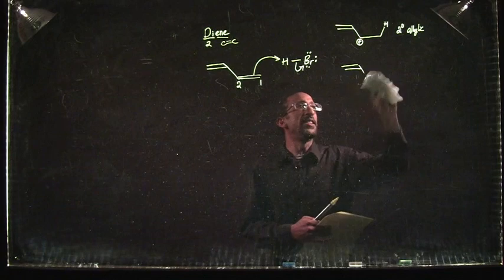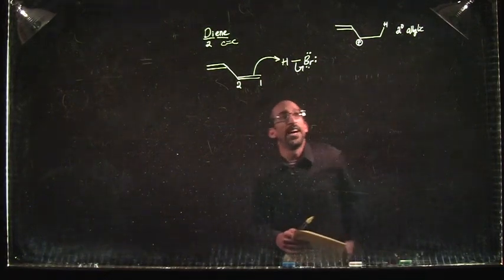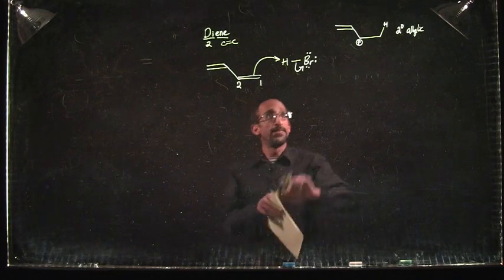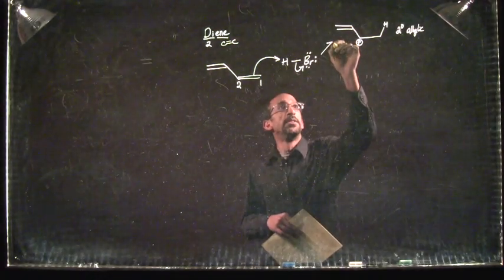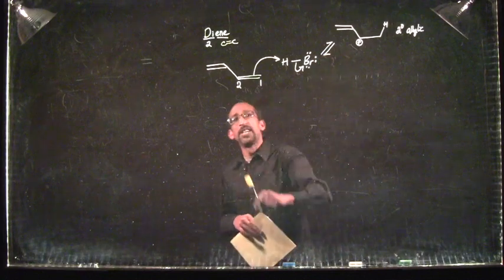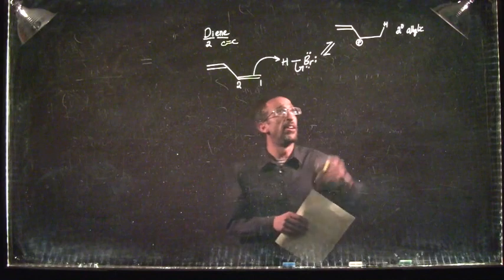Once I've generated that allylic carbocation, though, I should recognize that it can undergo resonance. So, again, we think of alkenes as a weak base. So this is an acid-base step, and we use equilibrium arrows.